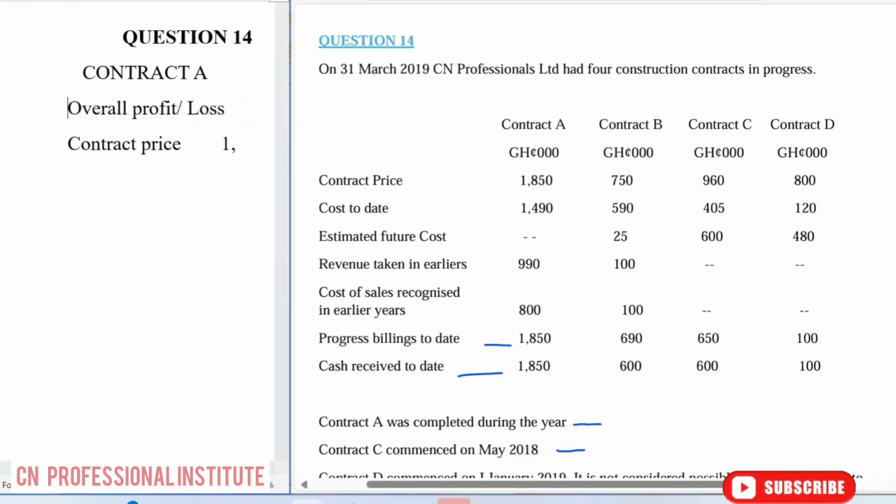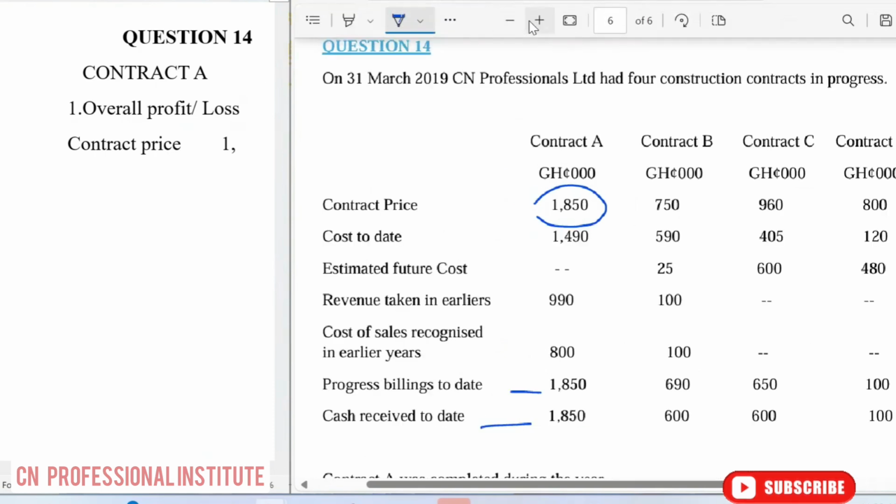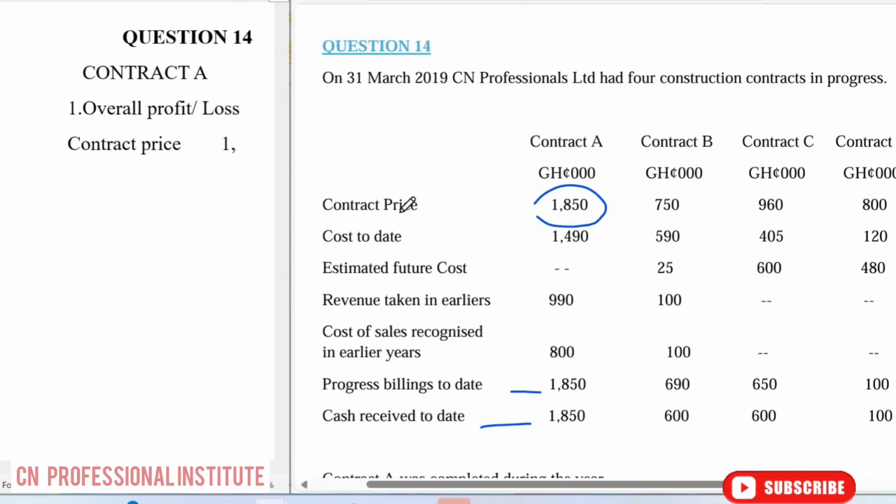Let me see if I can zoom it some more. Okay, I think this will give us a better view. So contract A, we have a contract price of 1,850,000.